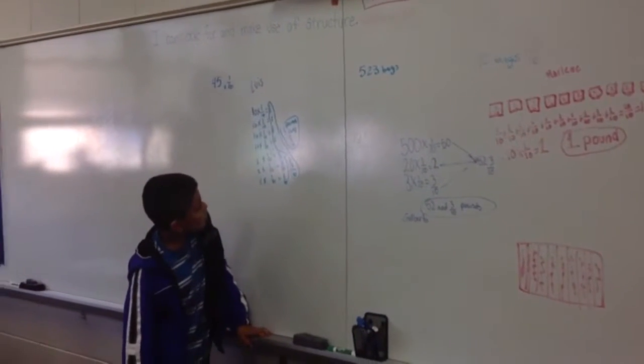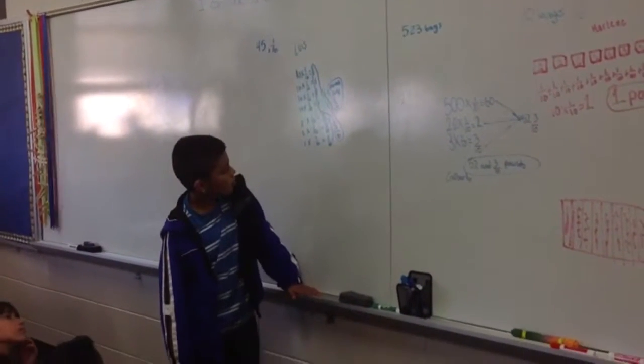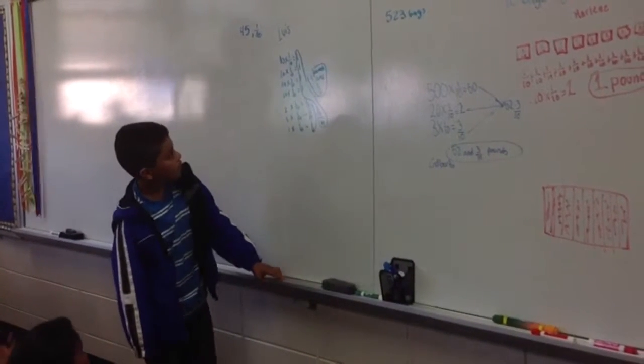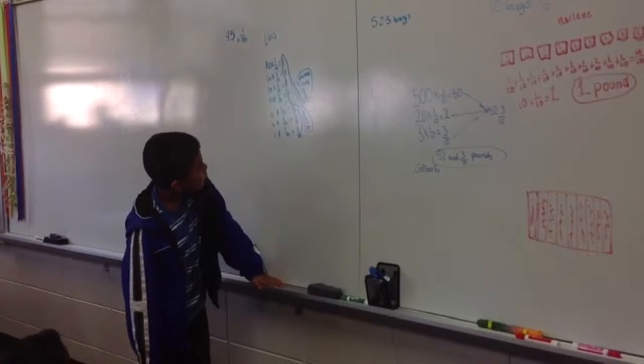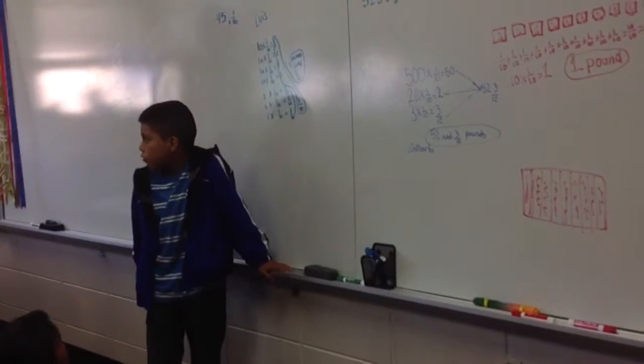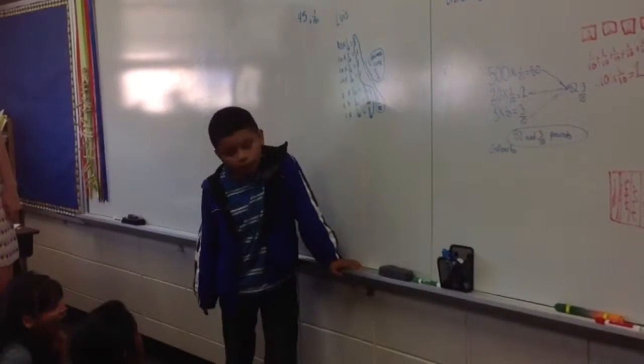And I added the 2/10 plus 2/10 plus 1/10 and equals 5/10. And I added the 5/10 with the 4 pounds and equals 4 pounds and 5/10.